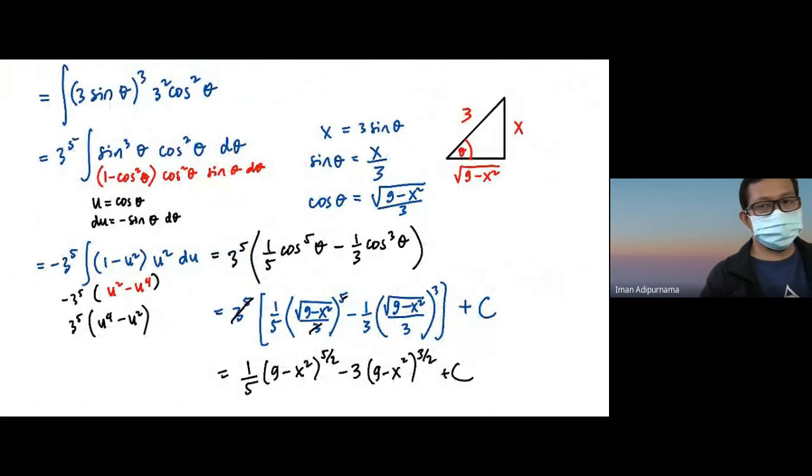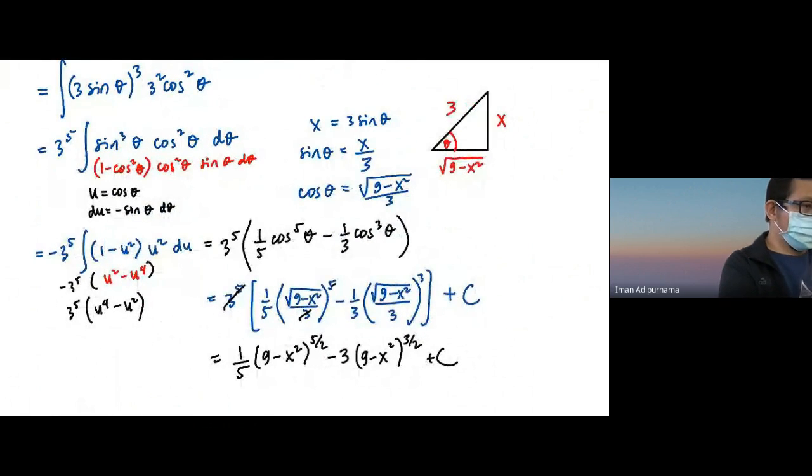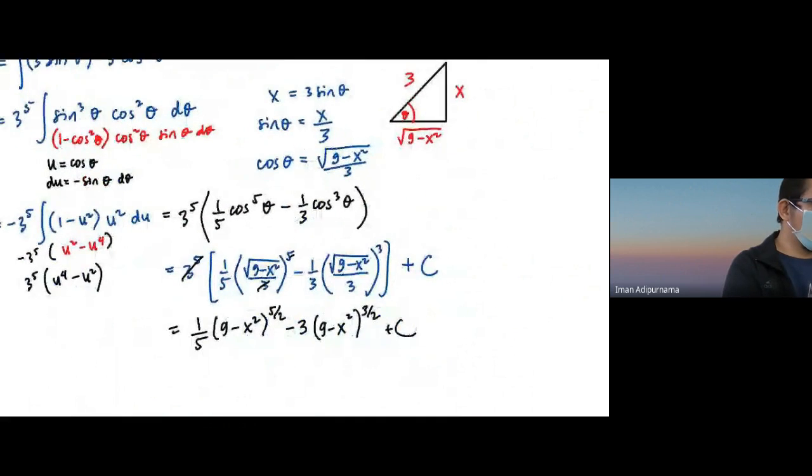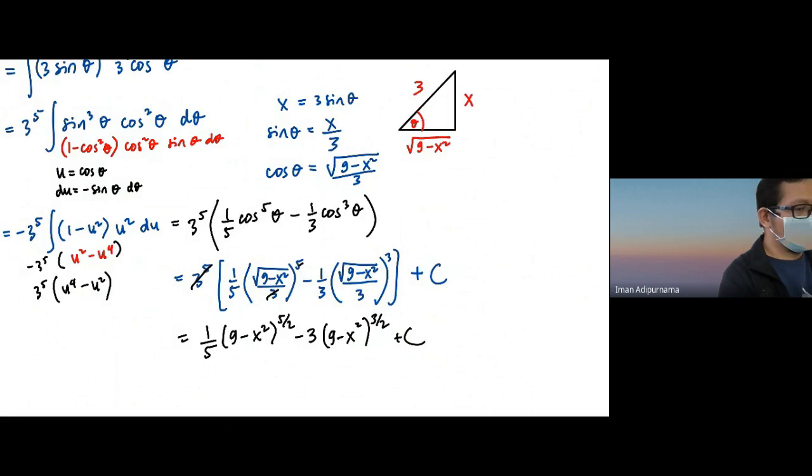But either way, still full points. This is case 2. Case 2 is when you have a constant minus some variable squared.